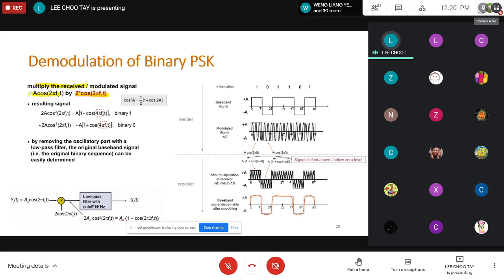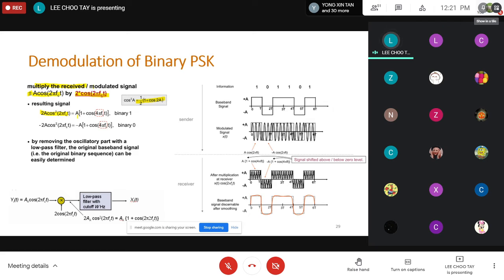Our modulated signal can be plus A cosine or minus A cosine. Plus A cosine means it's a binary 1, minus A cosine means it's a binary 0. If you multiply this with this, that will give us 2A cosine square 2 pi FCT. Then we convert this cosine square into half of 1 plus cosine 2A, using the trigonometric identity.